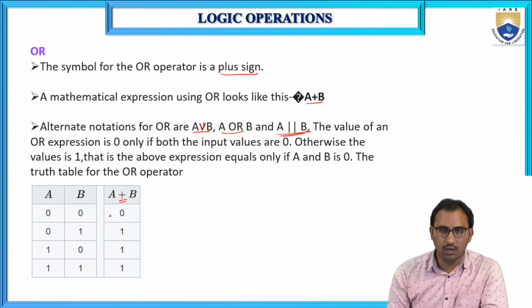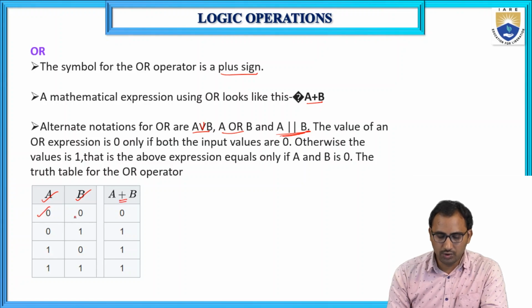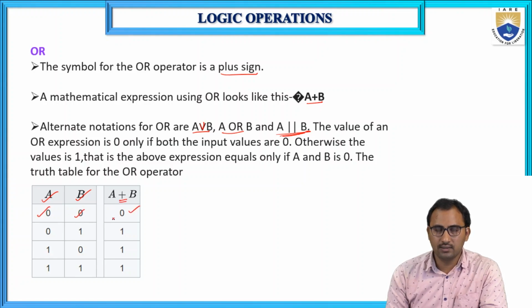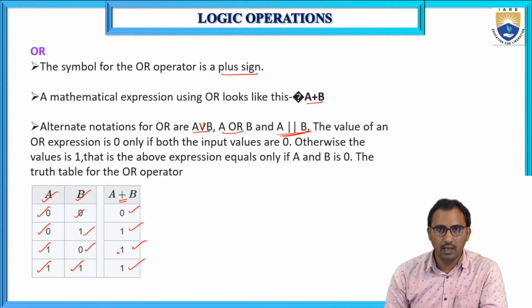If you look into the truth table, A and B are the two different inputs. When inputs are 0, 0, it gives 0 as the output. Similarly, if inputs are 0, 1, it gives 1 as the output. If inputs are 1, 0, it gives 1. If both inputs are 1, 1, it gives 1 as the output. So that means in the OR operation, if any one of the inputs is logic high, then the result will be logic 1.